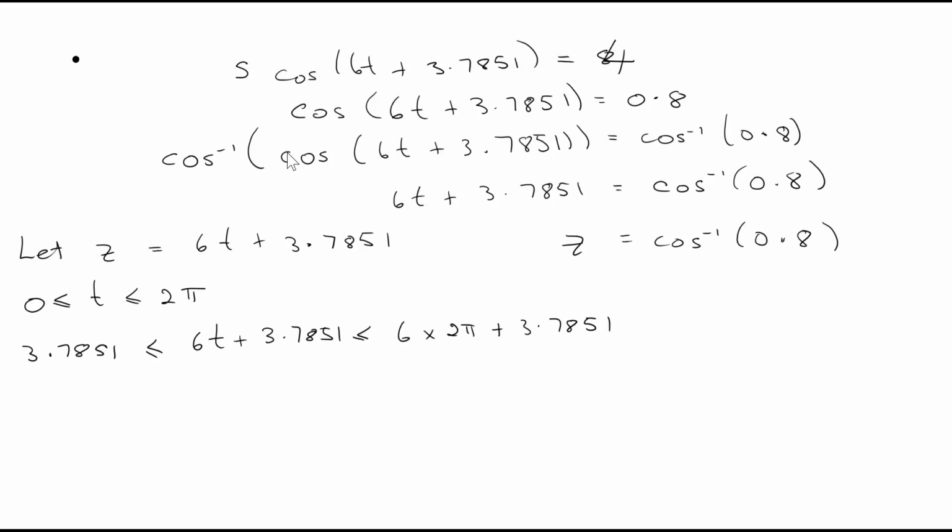So we can now say that z, just that's a bit of working in there, so therefore z equals, now I'm going to use my calculator set in radians to find inverse cos of 0.8, so z equals 0.6435. That one's not going to count because it's too small, or 5.6397, or adding 360 or 2 pi to the first one.